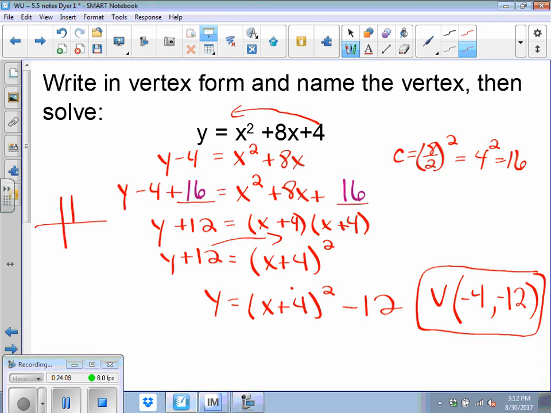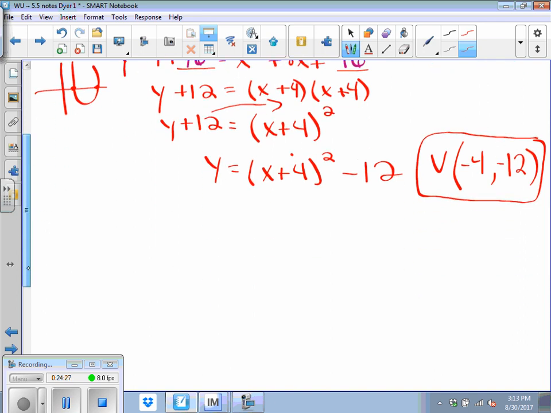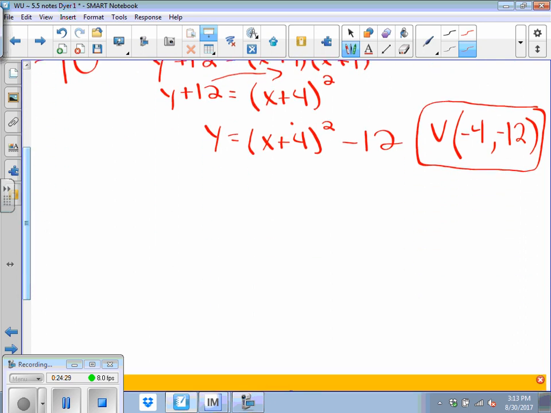If it crosses the x-axis here and here, what is that y value at those points? 0. The y value is 0. So if you're finding a solution, then y has to be 0. So solving is really not difficult at all. We already found this.